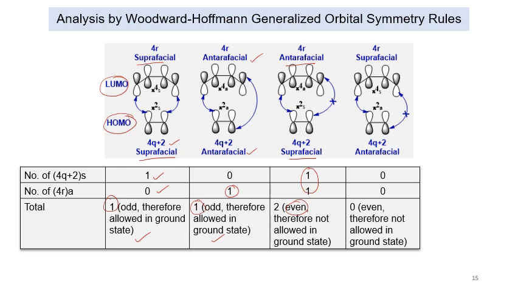For the suprafacial antarafacial overlap, we can see that the 4q plus 2 suprafacial is 0. There is no component because this is antarafacial here, and for the 4r antarafacial we are seeing that there are no components, therefore this is 0. It is even, therefore not allowed in the ground state.